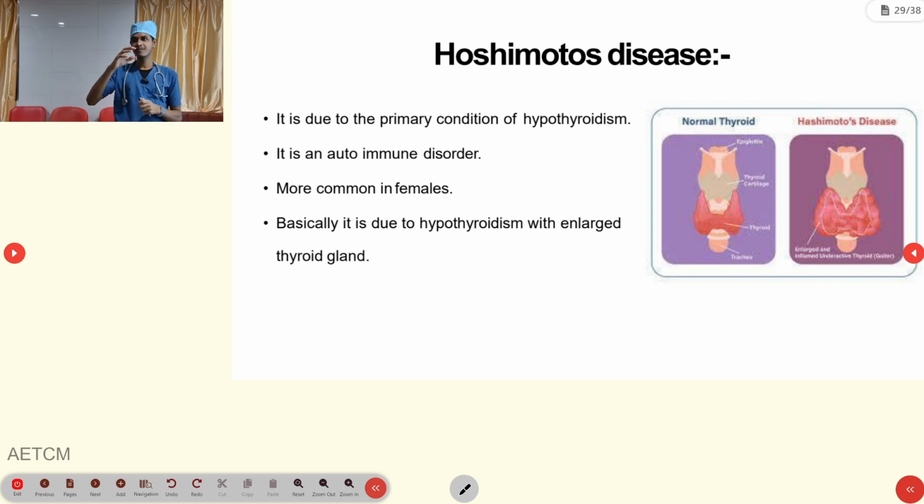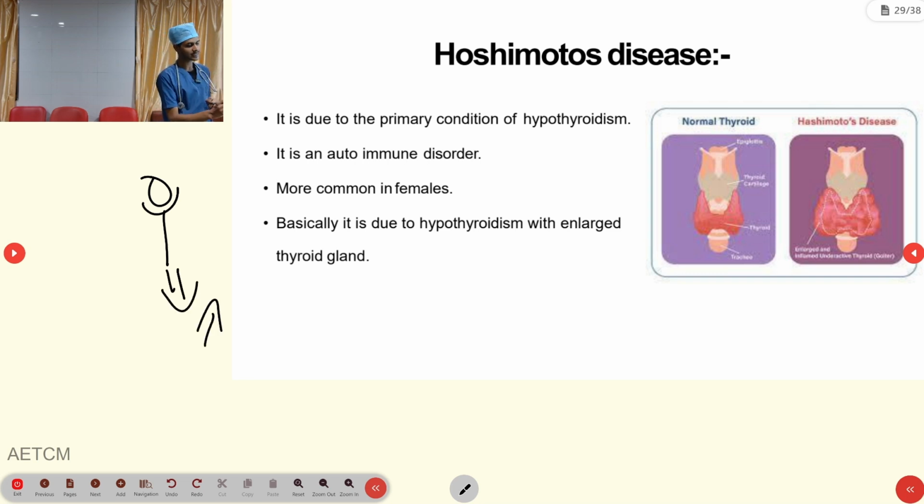First, your body will secrete some autoantibody that will go and attach to your TSH receptor. Thereby it will increase the secretion of thyroid hormones. In the first stage, there will be increased secretion, which means hyperthyroidism.